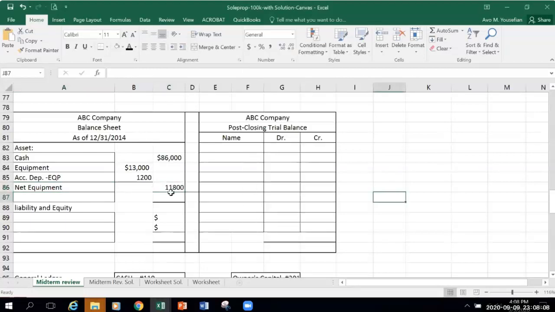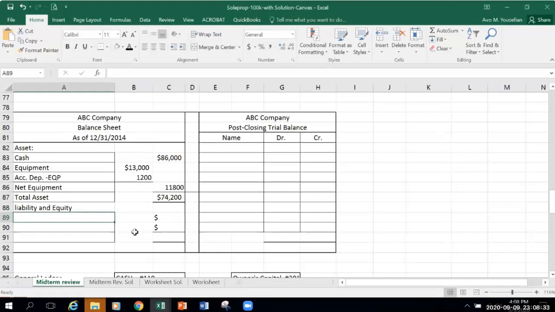Then here, total asset equals 86 plus net equipment, 74,200.